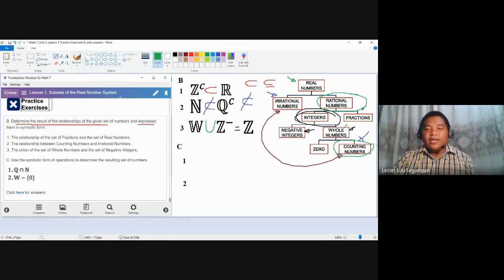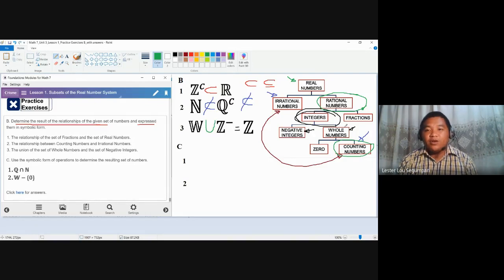What can we see in the rational numbers that can also be found in the counting numbers? If we talk about the relationship of the two, counting numbers is a subset of rational numbers because they belong in one area. So the elements found in the counting numbers as a whole are also found in the set of rational numbers. Those numbers are the common.